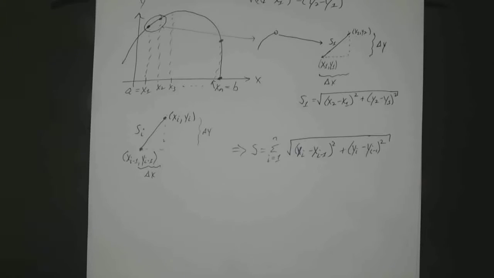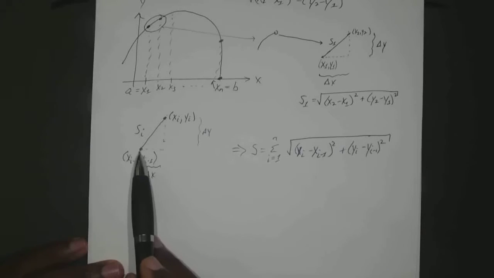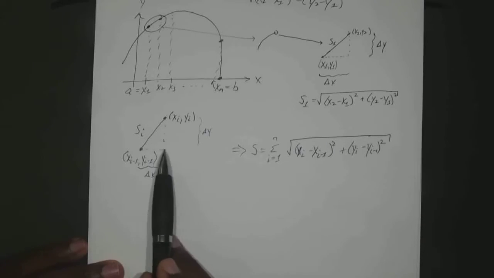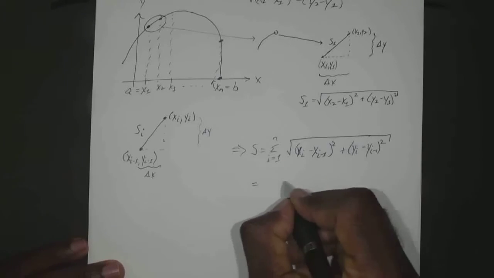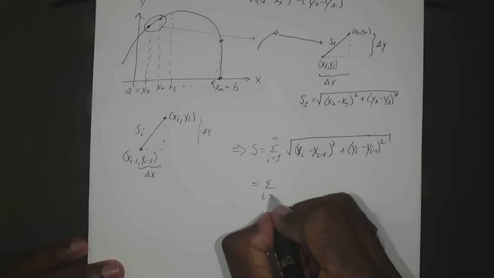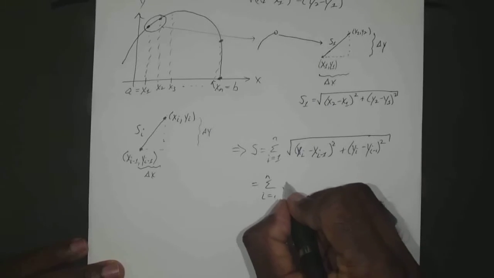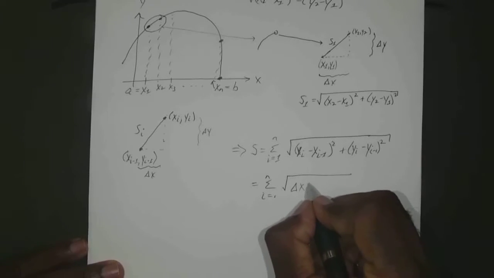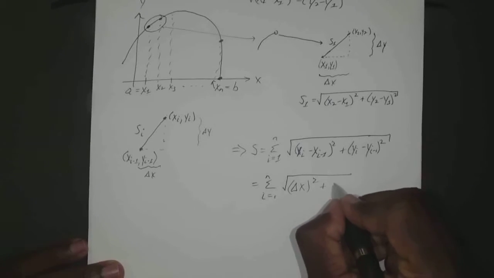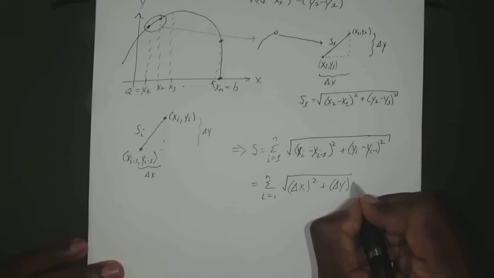Okay. So we know that the length from xi to xi minus 1 is our delta x. Okay, so we'll just make that the sum from i equals 1 to n square root of delta x squared plus delta y squared.